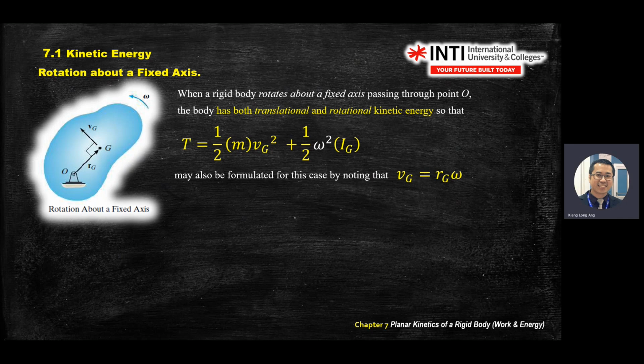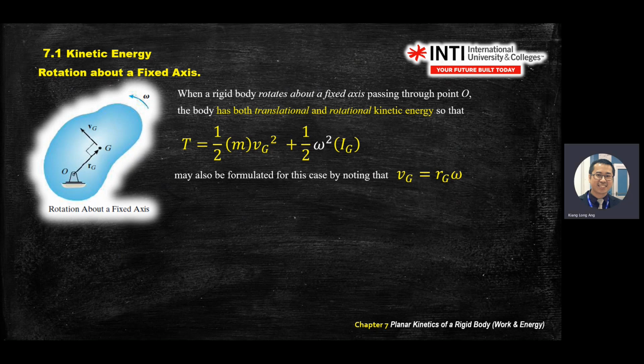Now again, you look at the kinetic equation. What can you actually find from this equation? Velocity. The kinetic energy solution always gives you velocity, either angular or normal velocity. Make sense?